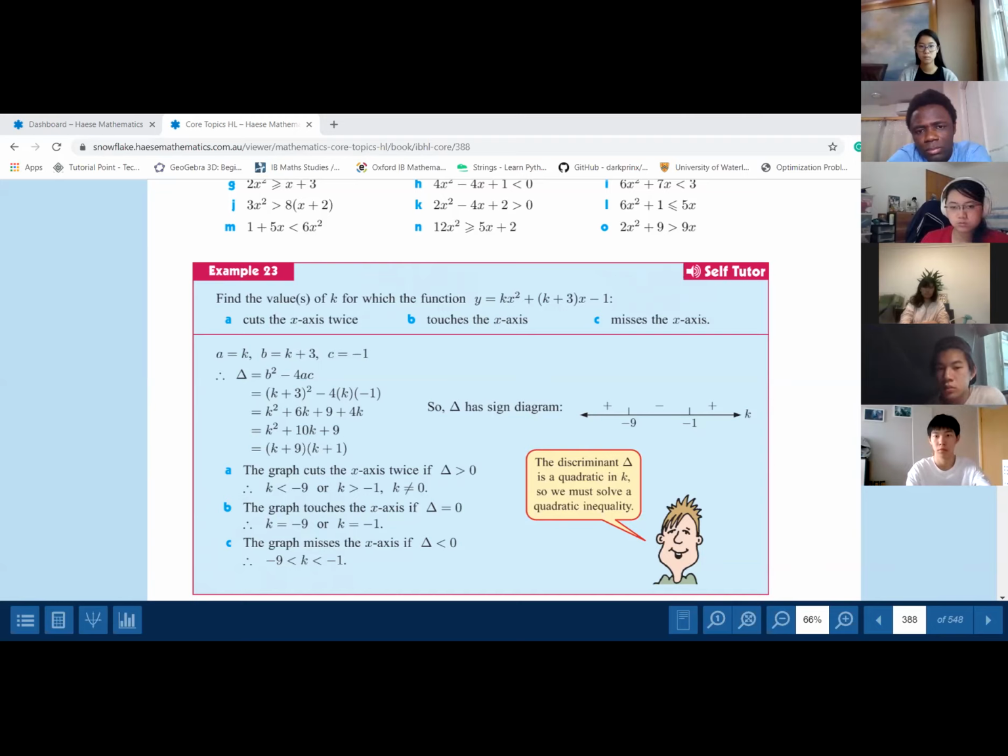However, we need to be careful here. We need to exclude the value k equals 0. Can you see why? If k is 0, the coefficient... Can anybody tell us why? Why we need to exclude k is 0?